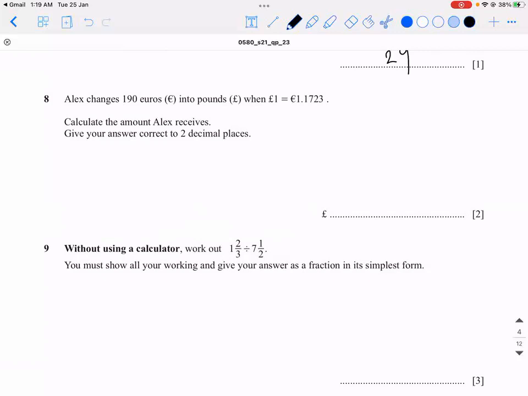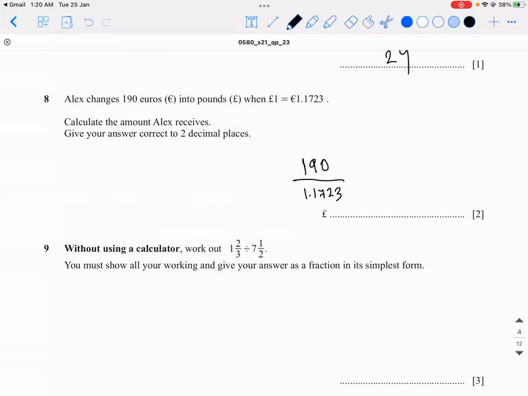So he is going to convert euros to pounds, correct? So what we will do is divide 190 by the unit number, 1.1723. What is the reason for that? Because we need to convert 190 euros to pounds, right?